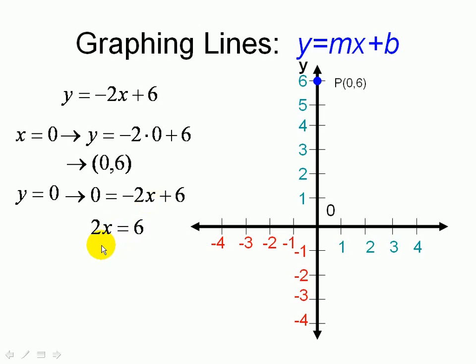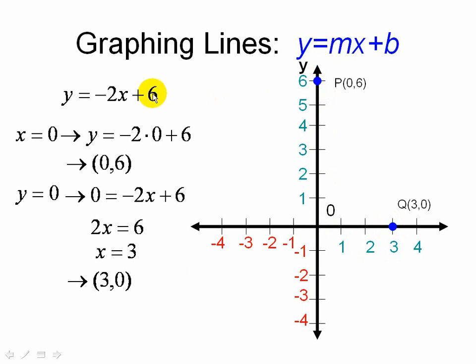This is our x-intercept, because it intercepts the x-axis at 3. And here we have our y-intercept 6, so that's why b is called the y-intercept. Now we take these 2 points and plot a line through them.